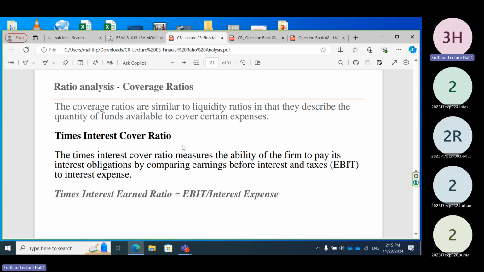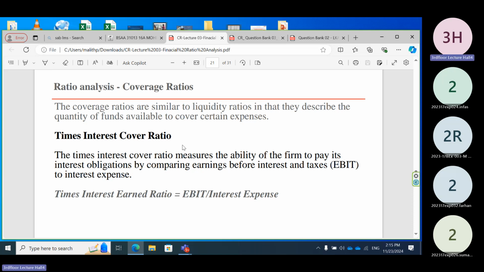So why are we not using profit after tax? We use earnings before interest and tax. Why? This ratio is calculated from the perspective of debt holders, investors, right? Investors looking at our company focus only on EBIT, earnings before interest and tax.